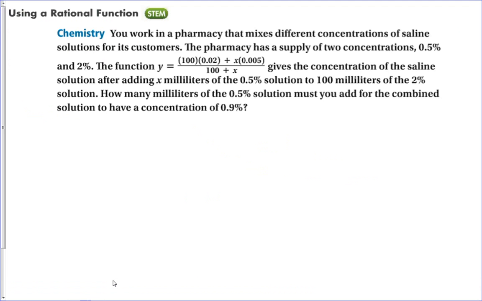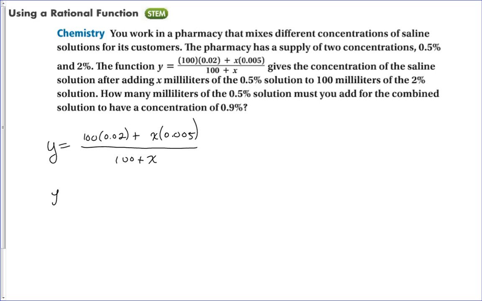If we flip back over to here, we can confirm this by simply plugging in the numbers. Our function was y equals 100 times 0.02 plus x times 0.005, all divided by 100 plus x.